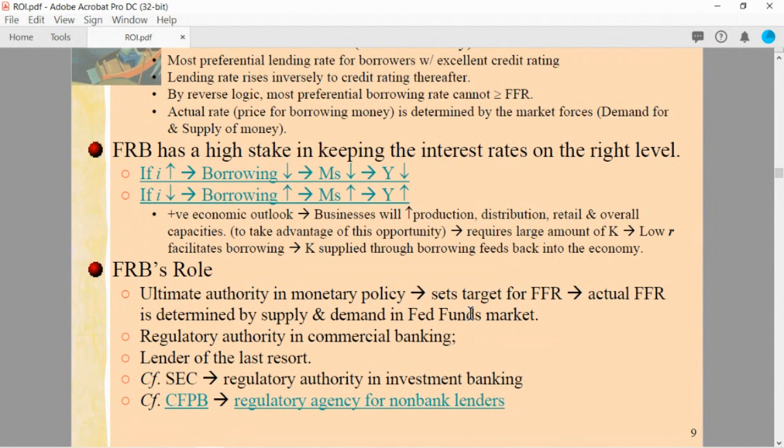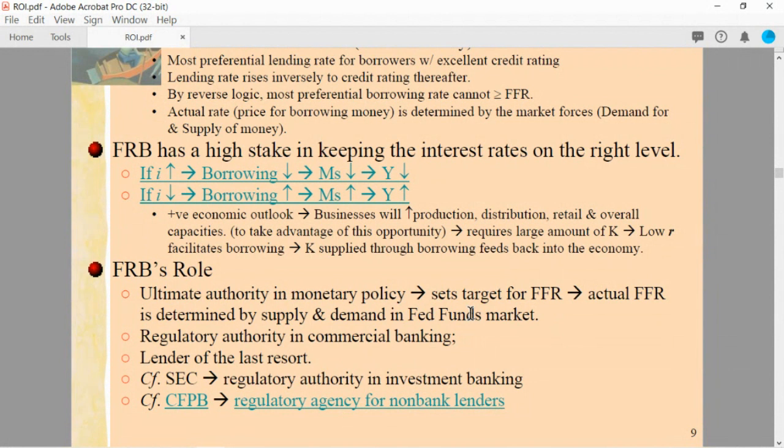But what they do is they participate in the bond market, buying and selling, right? Through the bond market transactions, they try to bring the rate close to the target.